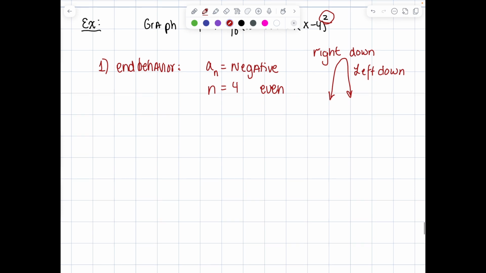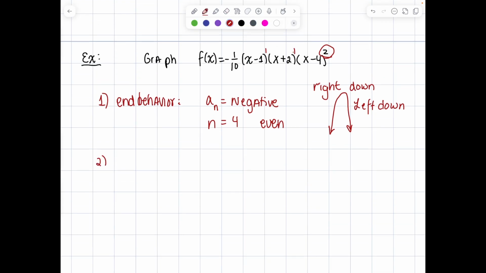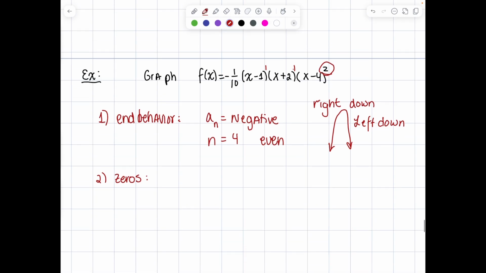Okay, so let's draw out our graph. But wait a sec. Let's find our zeros too. Let's set the whole thing equal to 0. Now this negative 1 over 10 does not matter for that. We don't care about that. So we just need to set the factors equal to 0.